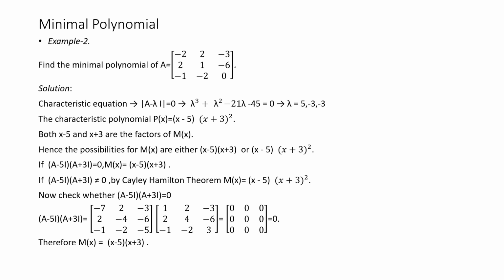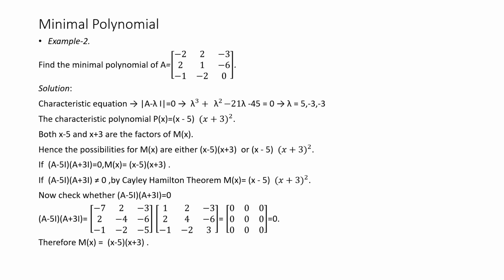So using these roots, we can factorize the characteristic polynomial lambda cube plus lambda square minus 21 lambda minus 45 as lambda minus 5 into lambda plus 3 into lambda plus 3, or lambda minus 5 into lambda plus 3 the whole square. Replacing lambda by x, the characteristic polynomial p of x equals x minus 5 into x plus 3 the whole square.